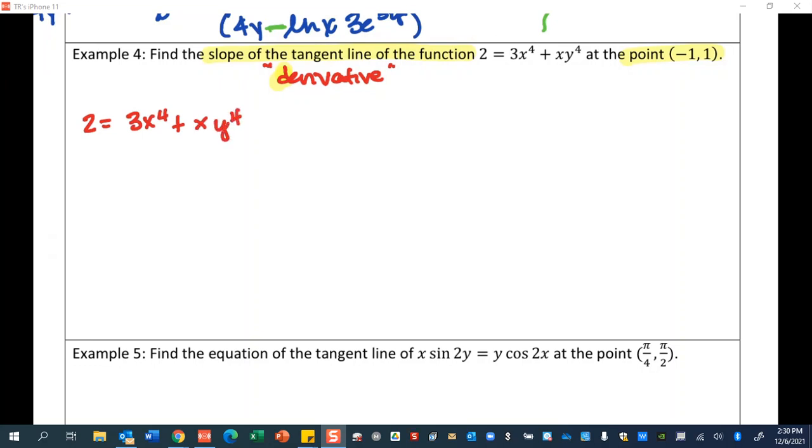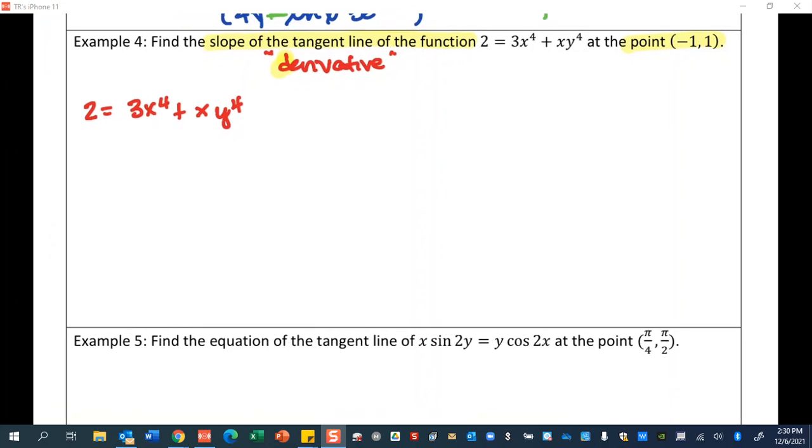Before you jump in, do you ask yourself, power rule, product rule, quotient rule, chain rule? Those are the ones you've got to watch out for. What do you see? I don't see a chain rule. What do you see? There's a product rule in there. So whenever I take the derivative of a constant, I get 0, right?